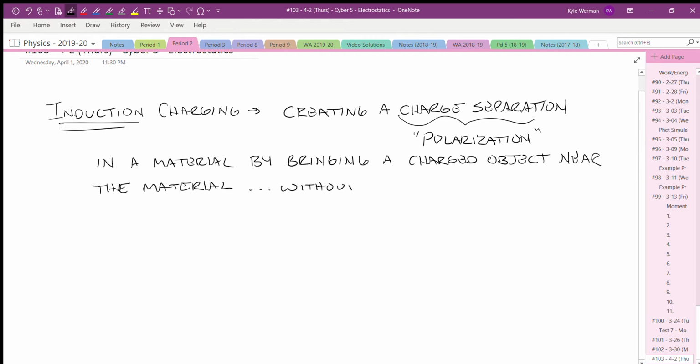So there's no physical contact and therefore no transfer of actual electrons, right? And as a result, it's actually a temporary charge separation, or a temporary charge or polarization. Since the moment we move that charged material away, the electrons will return to their original position. They don't like to be near each other either, so if there's no other charged thing around it, they'll just float right back to where they want to be, to where they're neutral.